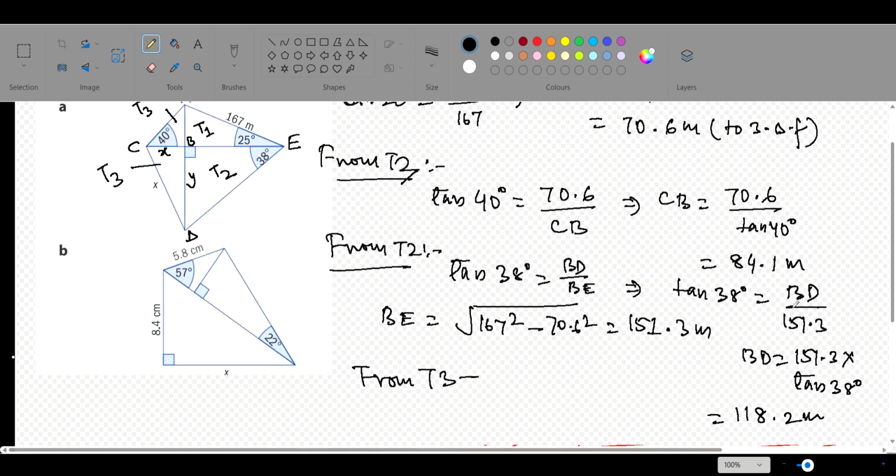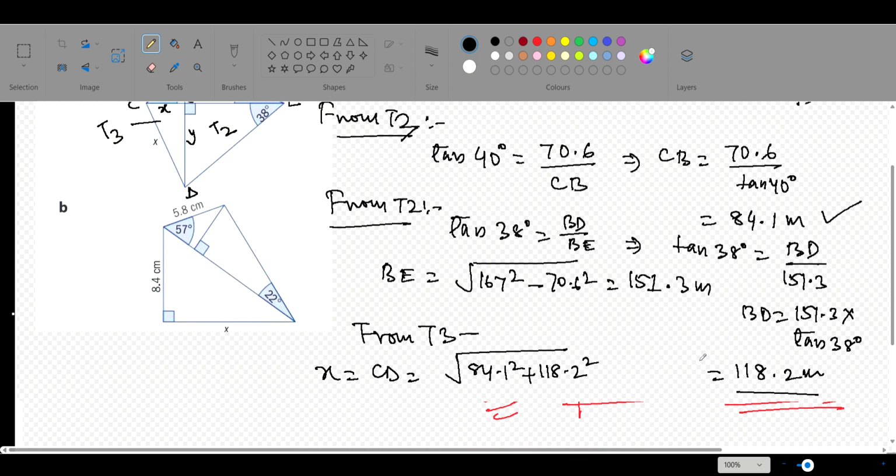So in triangle 3, using the Pythagoras to get the x, which is CD, that is hypotenuse, so it is the root under of CB, which is 84.1 square plus BD, which is 118.2 square, which comes out 145.065, 145.1, which we approximately also said 145 meter. That is the value of x.